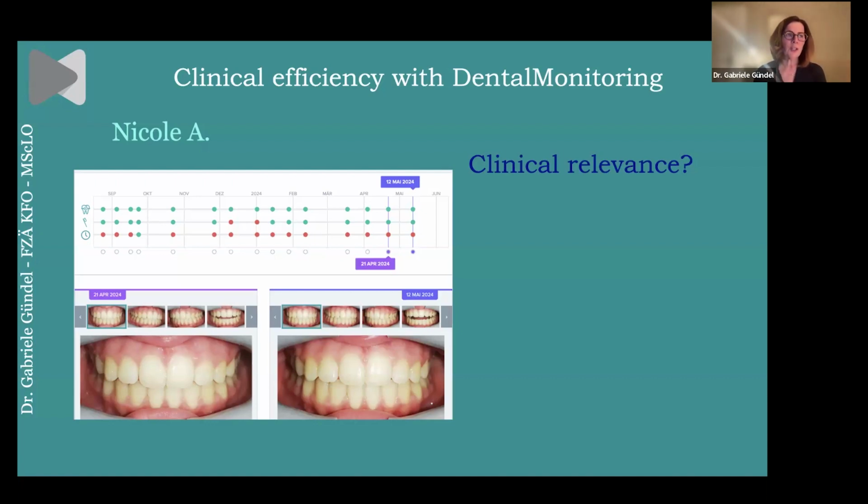But no, we have to convince them that after an orthodontic treatment, the stability has to be controlled for life. We have a long life retention with our patients. So we have to back them: please continue the dental monitoring. Otherwise, maybe you will get a relapse.